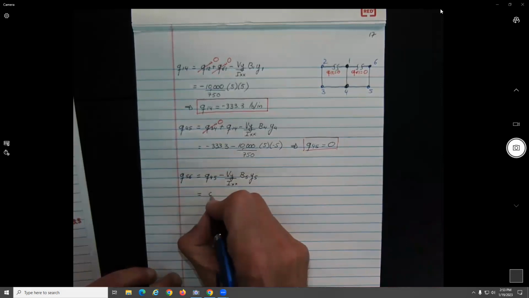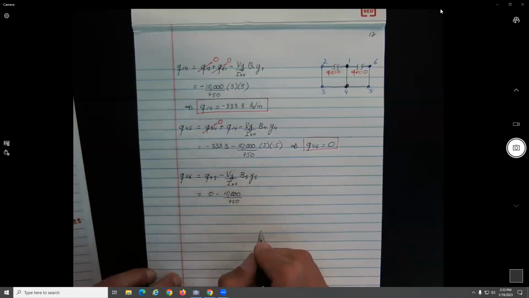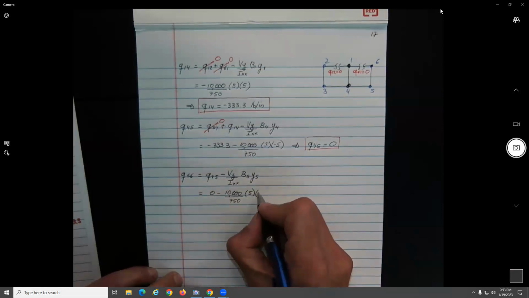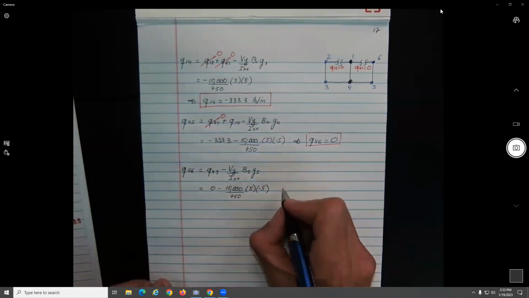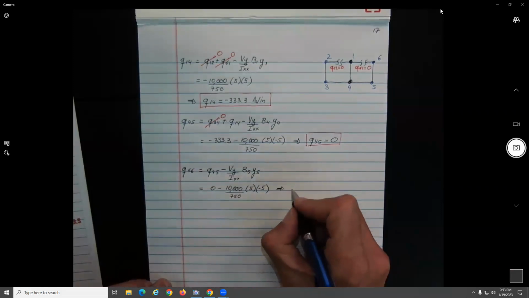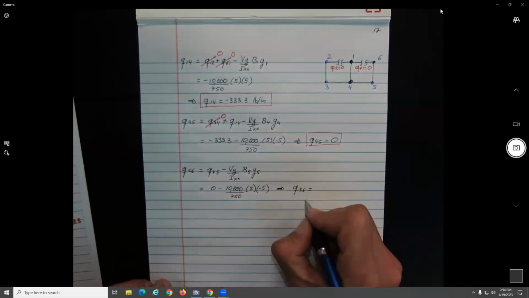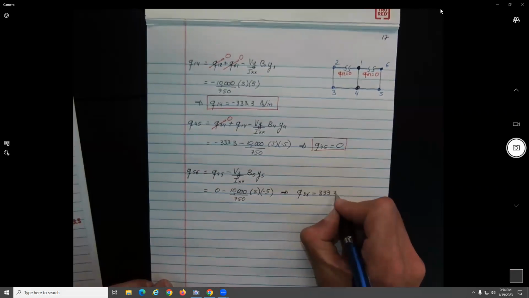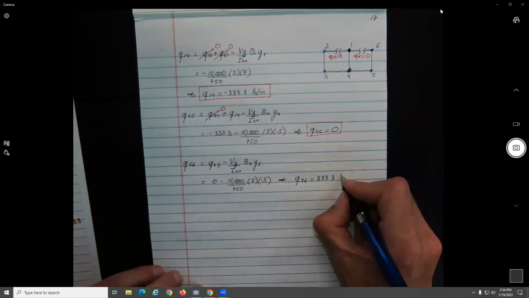So this is going to give you 0 minus 10,000 divided by 750 times 5. What is Y sub 5? It is negative 5. So again, this is going to yield Q56 equal to 333.3 pounds per inch.